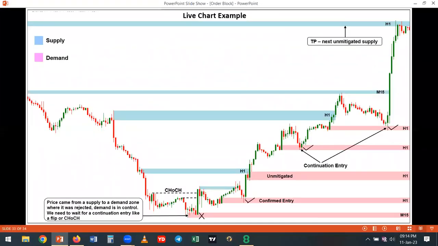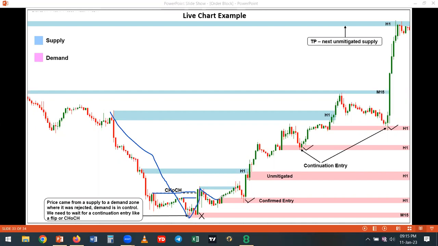This is another chart here that explains continuation entry. Market came all the way from down here to this place here, but in the change of character, it flipped. So when these structures were broken, it gave a change of character, but not an entry.